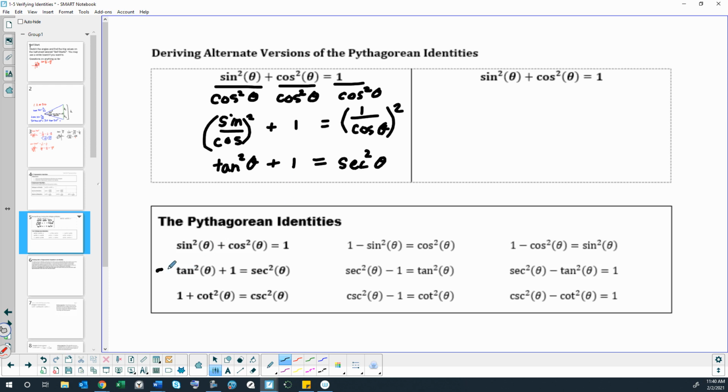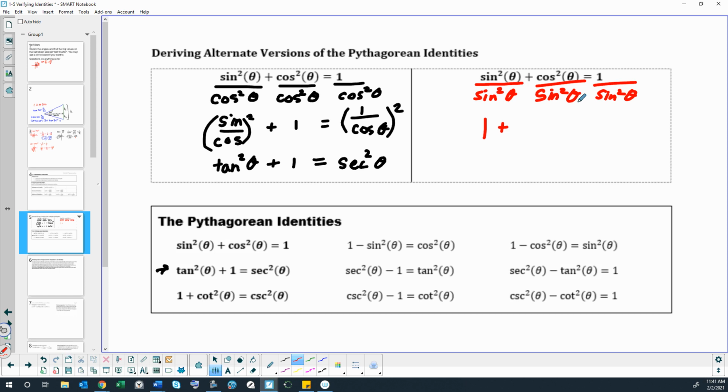So this formula right here, right? Okay, guess what we're going to do to prove a different form of this identity? Any guesses? Yeah, let's divide by sine instead and see what happens. Okay, without doing this middle step this time, sine squared divided by sine squared equals 1.